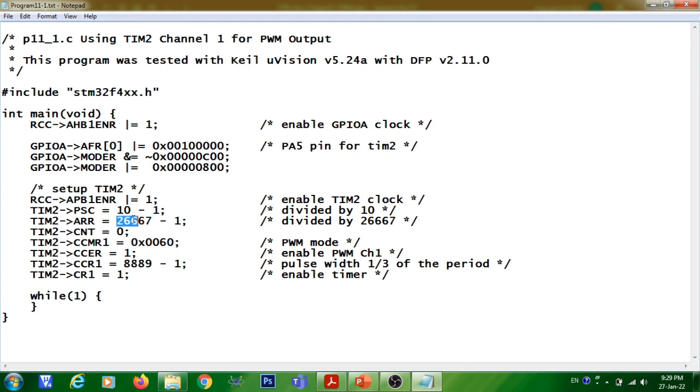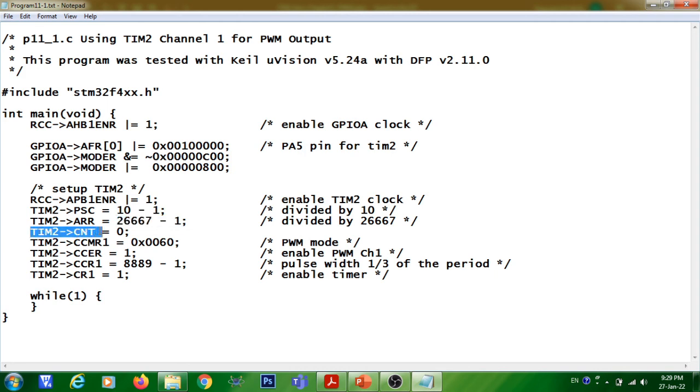How will you get 26667 counts? You need to count from 0 to 26666. If you are counting from 0 to 26666, we will get a total of 26667 counts. So 26667 minus 1 should be given here, so that you will be counting from 0 to 26666.